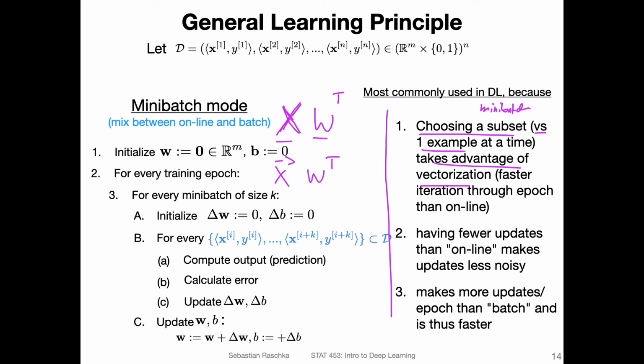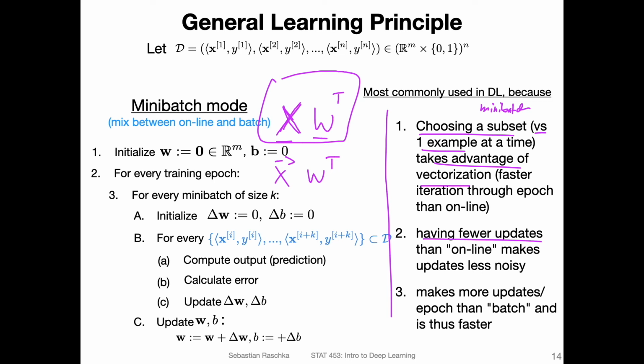So instead of using a vector times this weight matrix and doing this multiple times with a for loop, which is of course slower than doing it one time with this matrix multiplication, using this vectorization makes the processing, or iterating over an epoch, faster in the mini batch mode compared to the online mode.